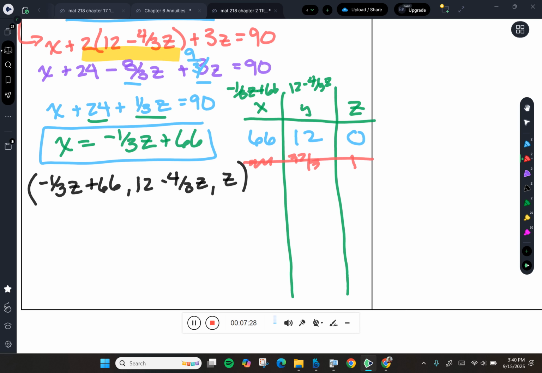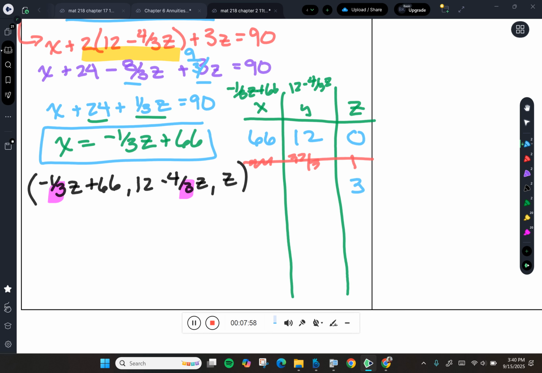In fact, there's a shortcut here. Did you notice that both the x and the y parameterization had a third in them? So to make that work, z is going to have to be a multiple of 3. Otherwise, I'm going to have fractions, and 66 minus a fraction or 12 minus a fraction is still going to be a fraction, not an integer. So the next number that's going to work for z would be 3.